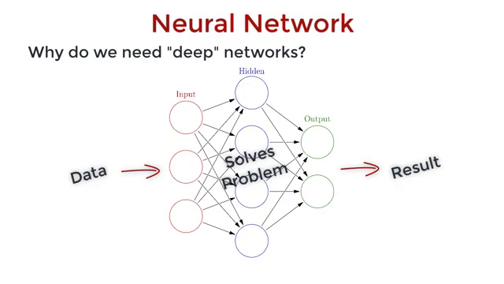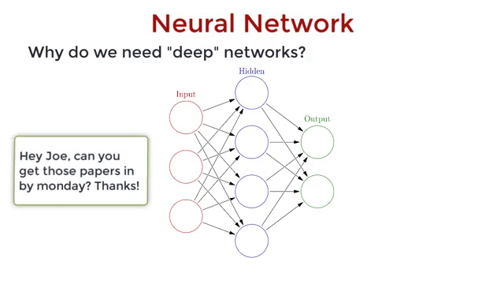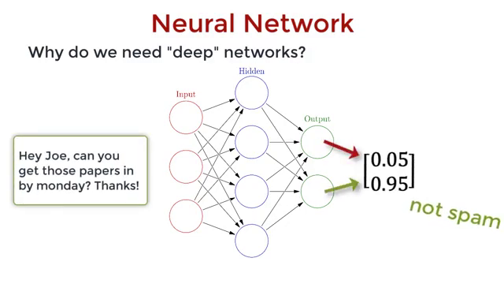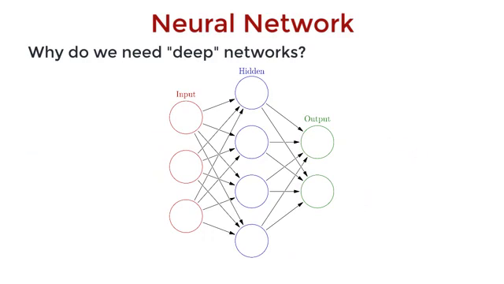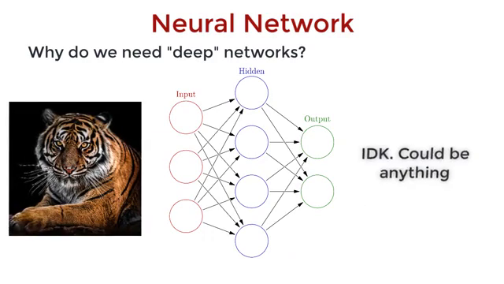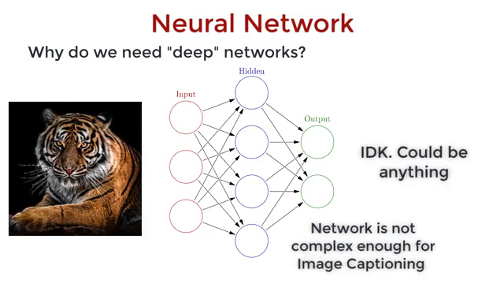Some problems are simple, some are complex. For simpler problems like classification of email as spam and not spam, a shallower network may be good enough to understand the patterns in the input emails to make decisions. For more complex problems like generating the caption of an input image, we would need deeper networks. So we need to go deeper to solve complex problems.